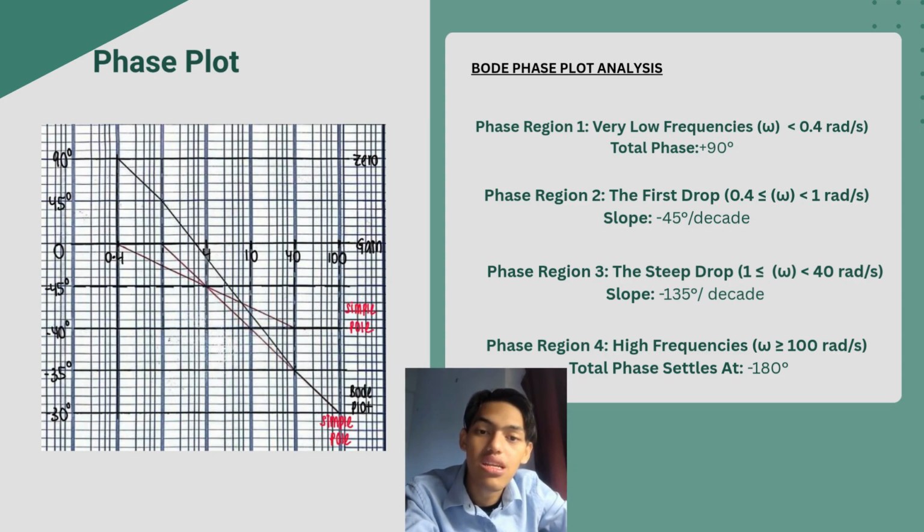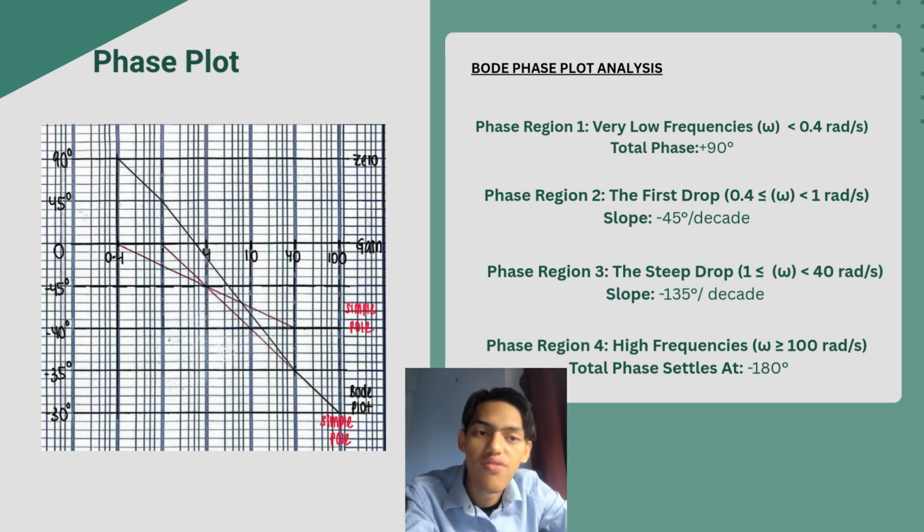Then comes region 3, the steep drop between 1 and 40 radian per second. The downward slope accelerates significantly to negative 135 degrees per decade as the system poles really start to kick in. Finally, in region 4, at high frequency where omega is greater than or equal to 100 radian per second, the system stabilizes.